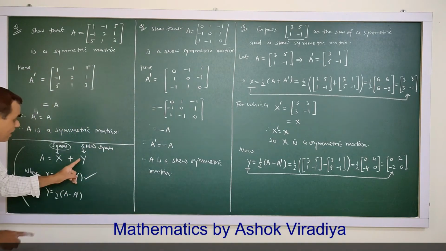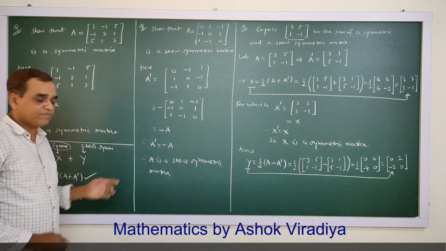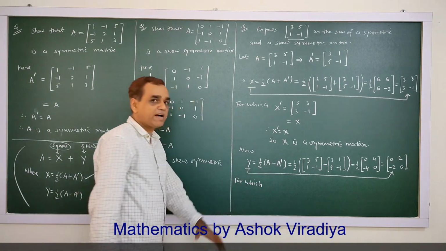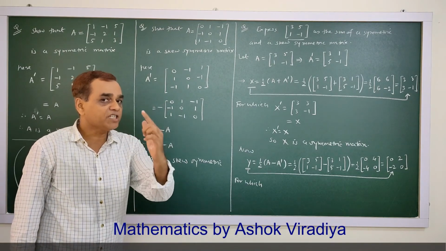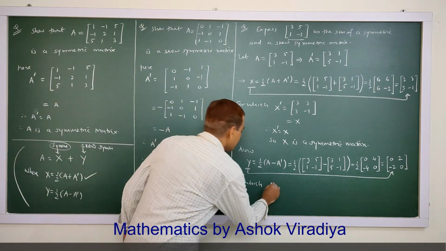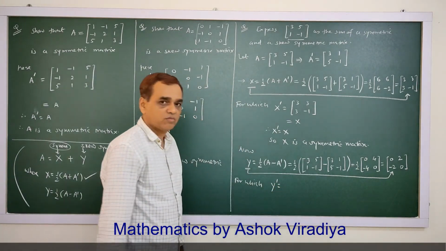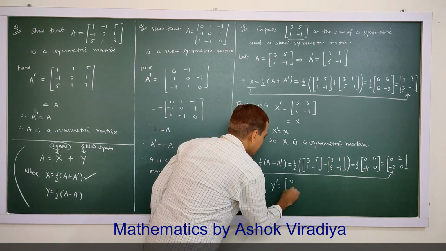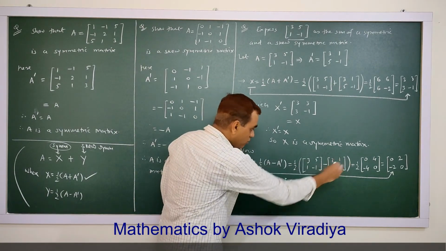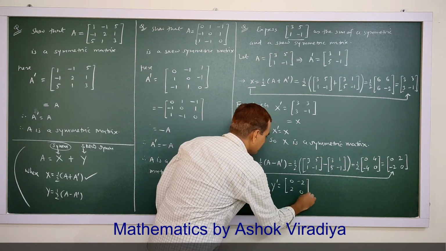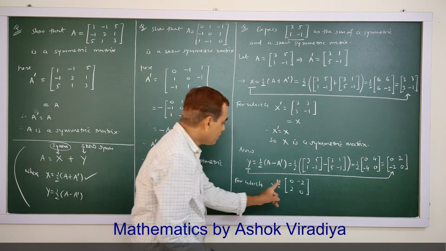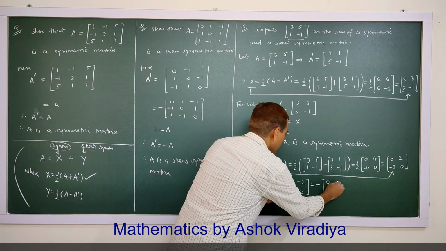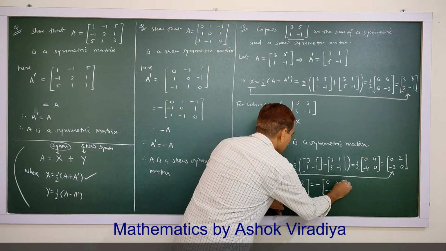Now we show that Y is a skew symmetric matrix. To show this, we are going to show that Y dash is equal to minus Y. Y dash is its transpose: first row is first column, second row is second column. Taking minus common, this will be [0, 2; minus 2, 0].